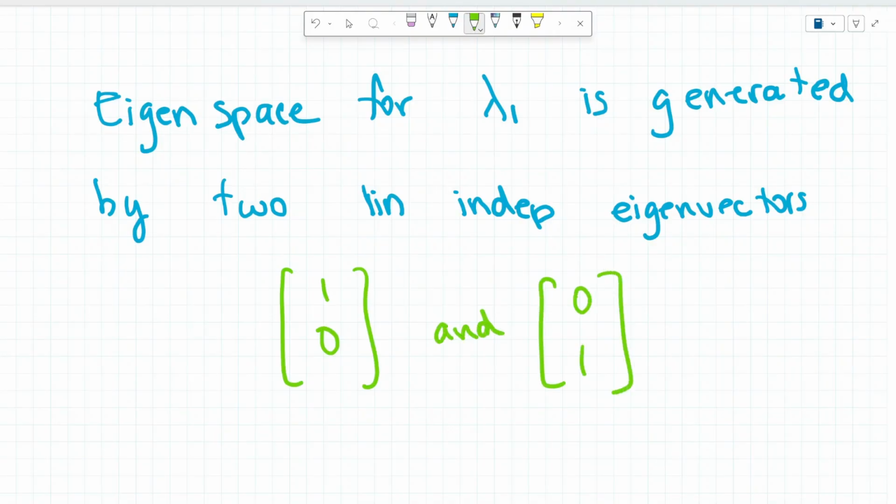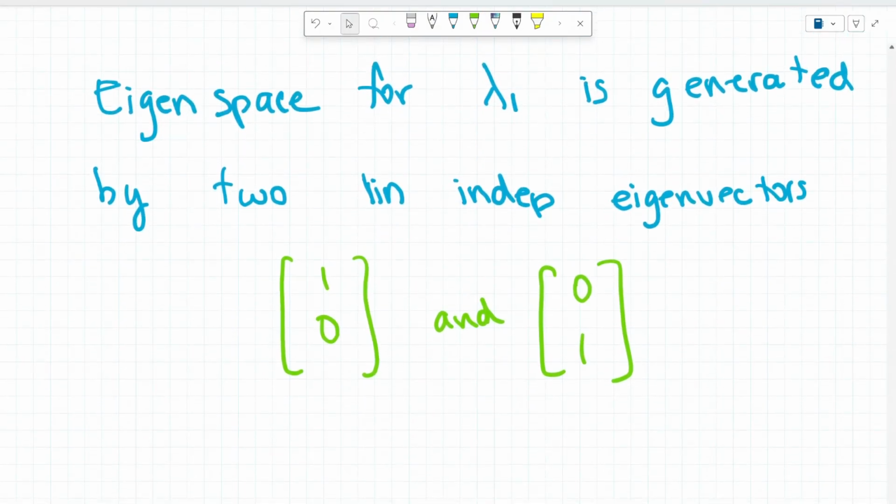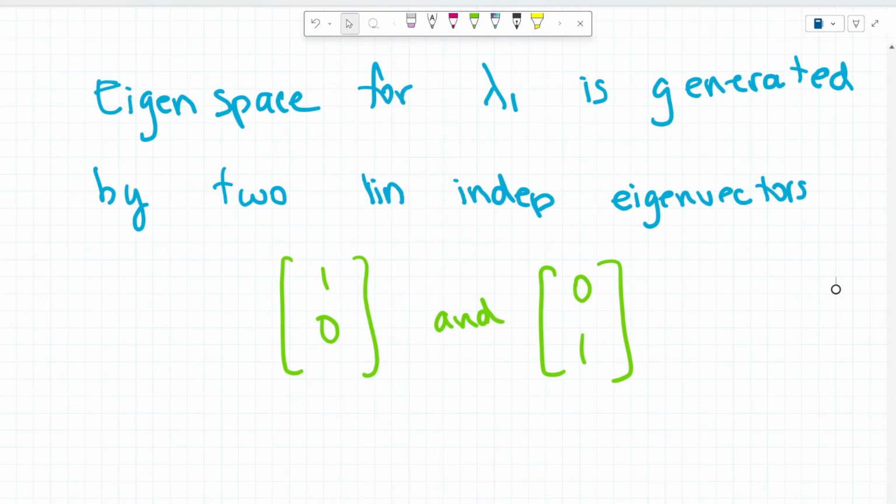These two vectors are orthogonal to each other. They are linearly independent. That means we have two independent eigenvectors associated to our eigenvalue. We also see that our eigenspace has dimension 2. So what does that tell us in terms of the geometric multiplicity?